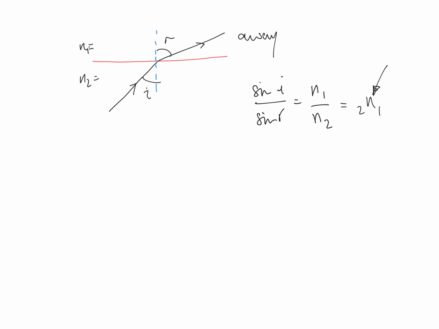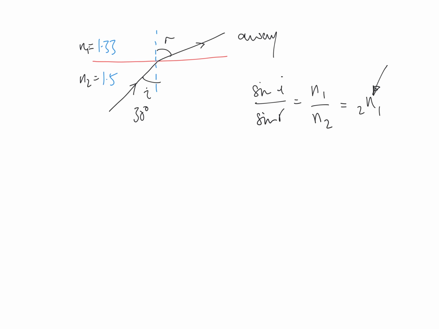This entire ratio gives us, well, I need to plug some values in first. Let's say I'm going from 1.5 to 1.33. It's definitely bending away from the normal, which we've seen, that's good. And therefore, let's give it another 30 degrees, because I like using it as it makes the sine identity so straightforward.